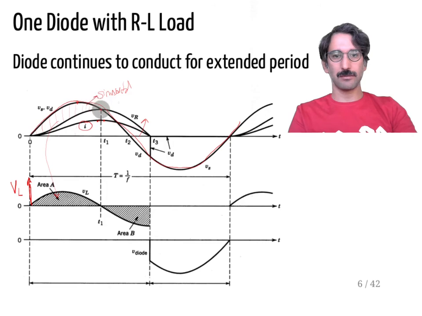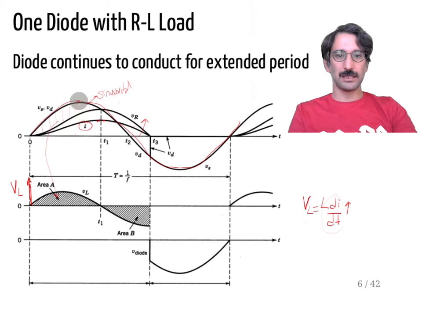And actually you can write VL is equal to L di over dt. The derivative of the current gives you the voltage. Whenever the voltage is positive, the current increases. Whenever VL is negative, the current decreases. And we can see it here.